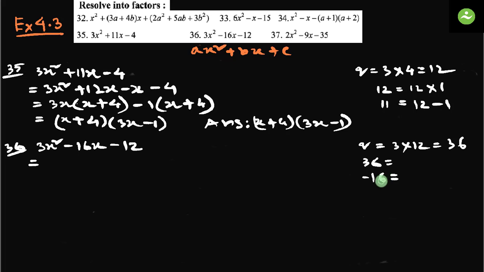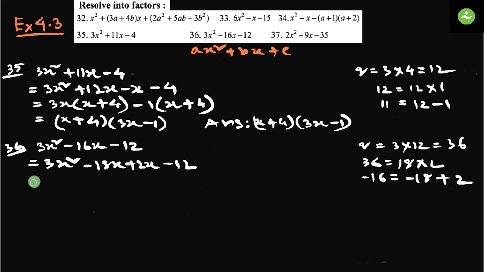18 and 2. Yes, 18 into 2, again minus 18 plus 2. 3x square minus 18x plus 2x minus 12 equals, if we take 3x common, x minus 6, plus 2 common, x minus 6.